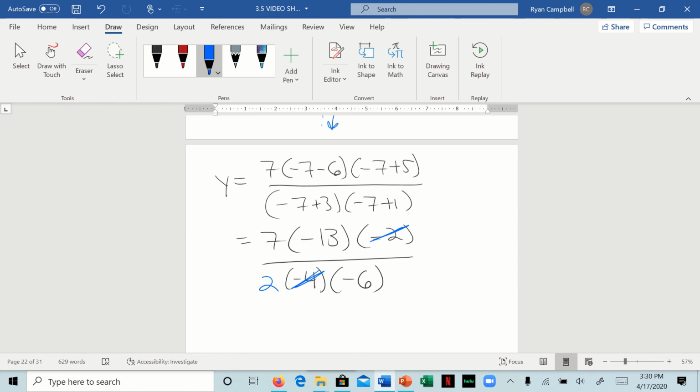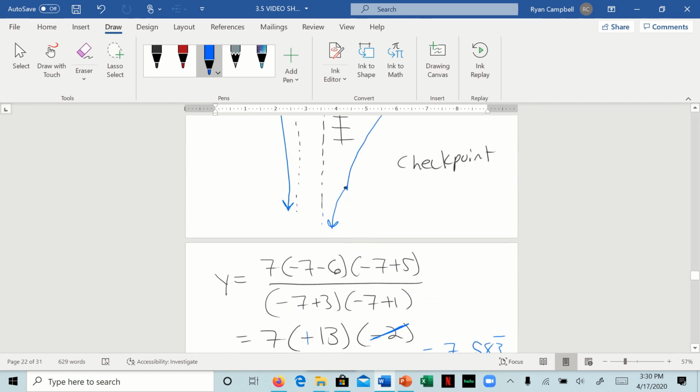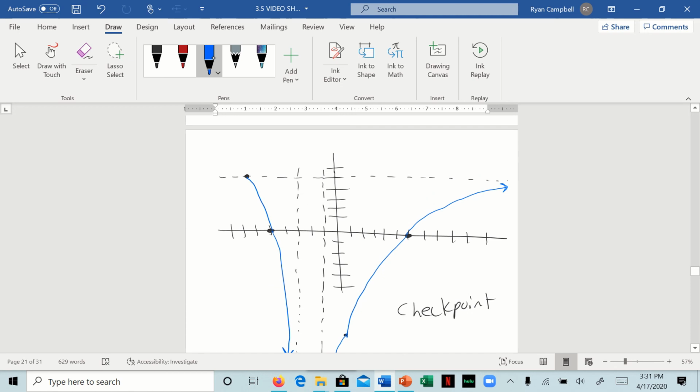We get 5.583 repeating, right? These negatives cancel. So notice, is this above or below our horizontal asymptote? It's above it, so we know that it does go through that point. And again, it could go all the way up, but since we do have a horizontal asymptote, what probably is going to happen is it's going to continue to get as close to that value as possible.